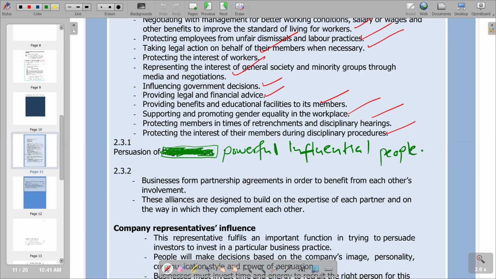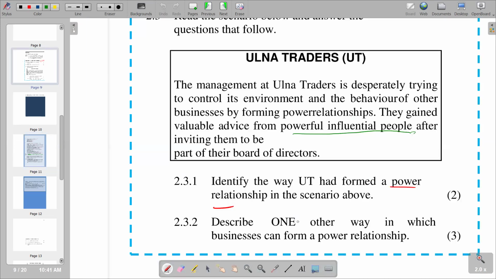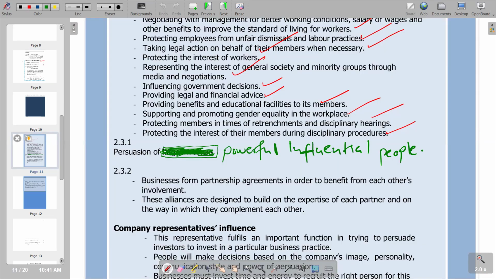So going back to our question, you'll see that it says, describe one other way in which a business can form a power relationship. Obviously, we have the one that is listed there, which is a company representative's influence.